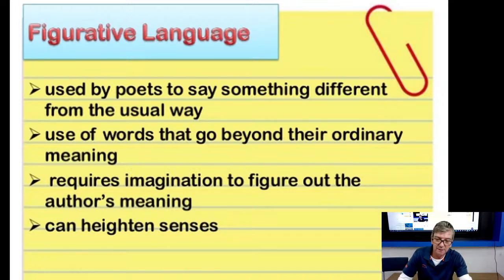So figurative language might be something like, I've got your back. Doesn't quite have the same direct meaning. What does that mean? How have you got my back? But this is a way of saying, I'm right behind you. It means I'll support you, I'll protect you, I'll cover you. So don't worry.